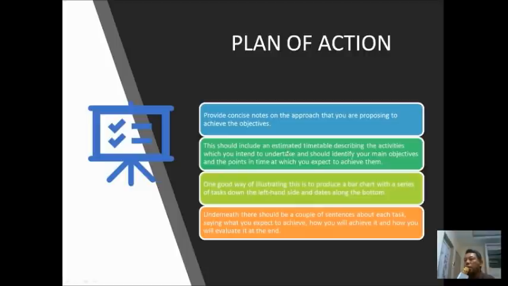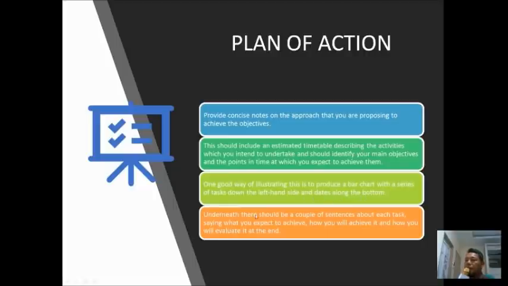So this is something like a timetable, and you have to list down all the activities to meet the objectives of your research. And then a good way of illustrating this is to produce a bar chart with a series of tasks down the left hand side and dates along the bottom.